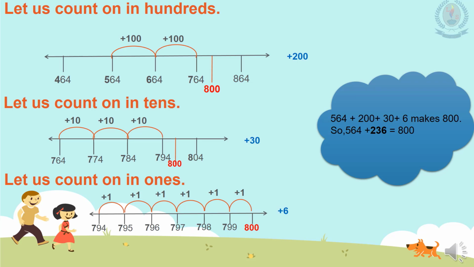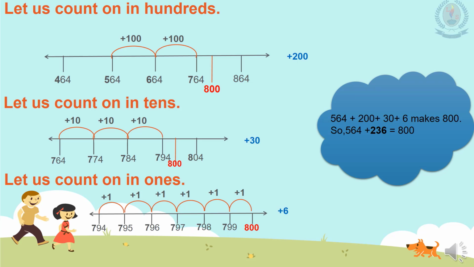Let's try the next one. Now we count on in tens. In hundreds, we stopped at 764. Now we start to count from 764 to 800. Here we only count on in tens 3 times. It becomes 30. Then finally we count on in ones.